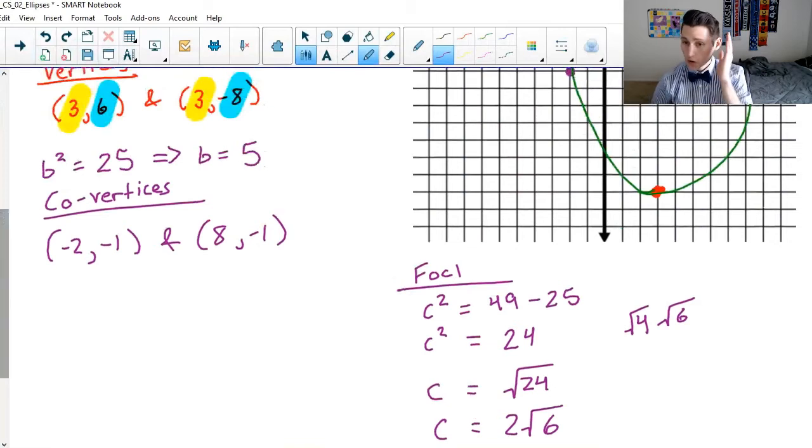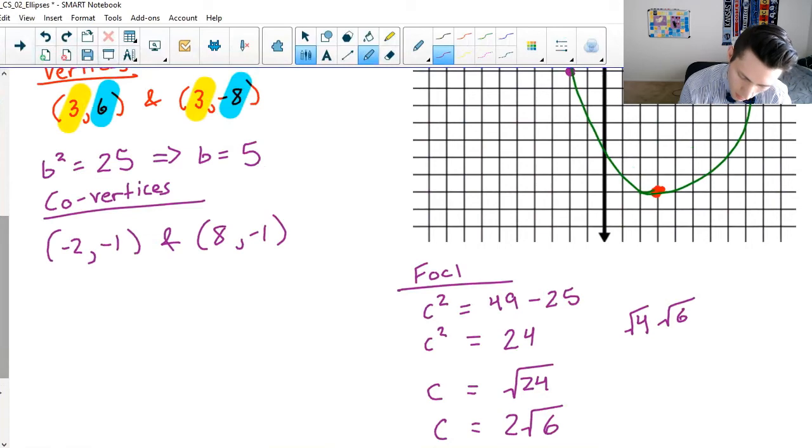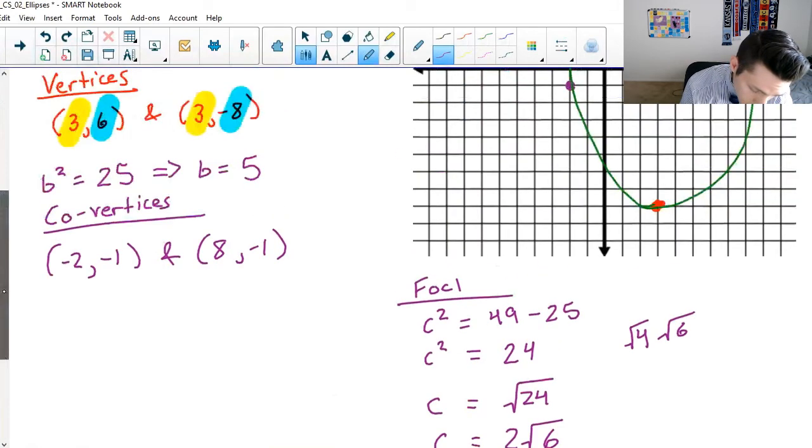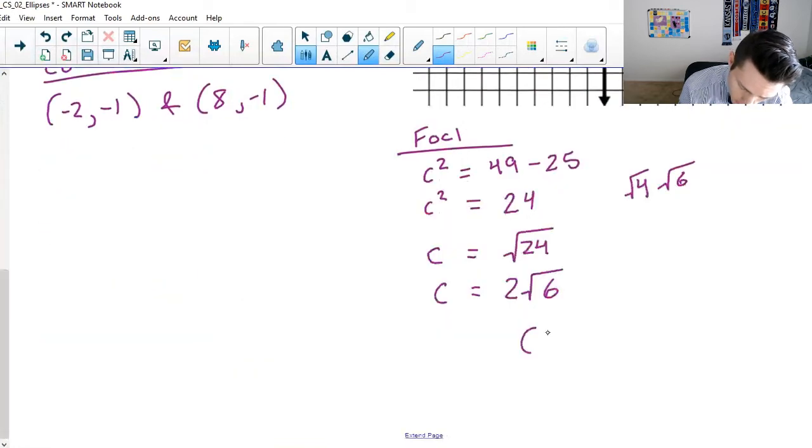Since this is a vertical ellipse, our foci should be up and down. They should be on top and below the center. So the center started at (3, -1). To get the first focus, I would go up 2 root 6, so plus 2 root 6.